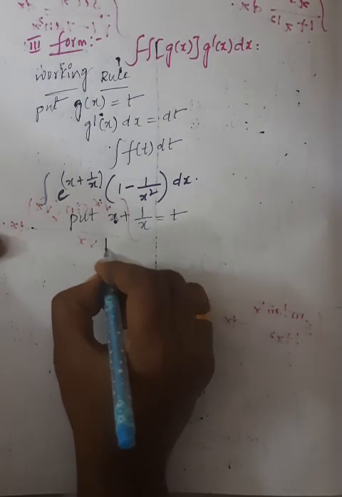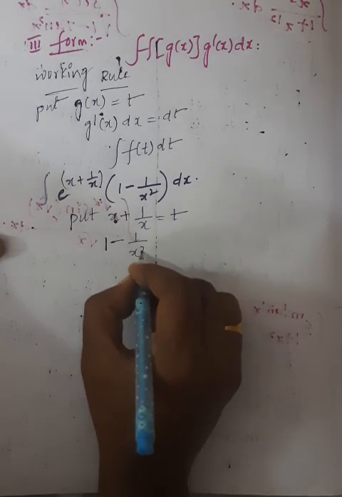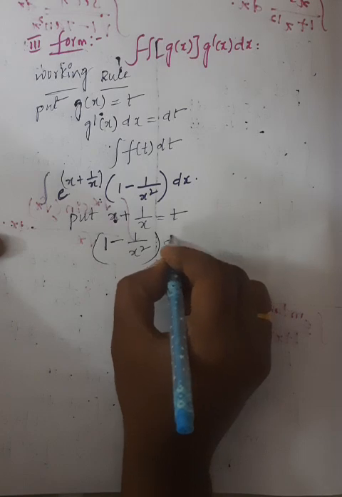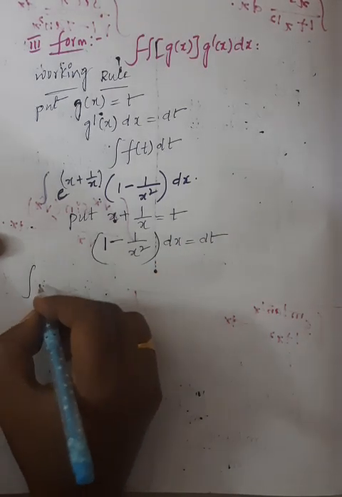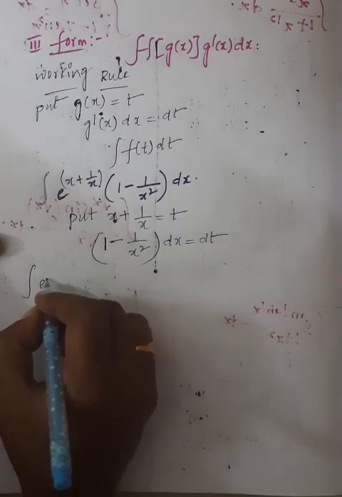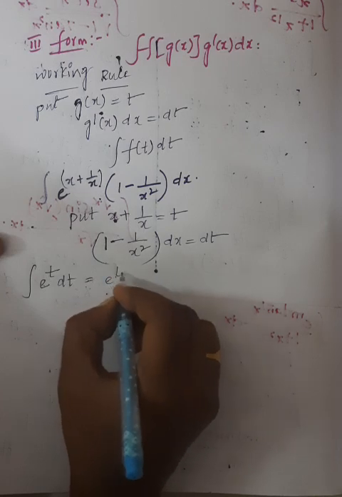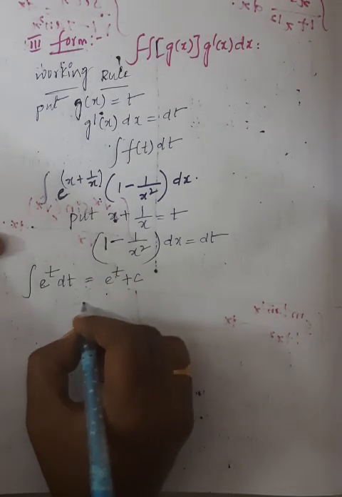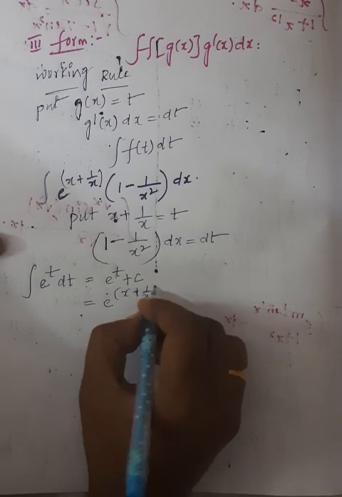So differentiation of x is 1, differentiation of 1 by x is minus 1 by x square, into dx is equal to dt. So it will become e power t dt, which is equal to e power t only. Again replace t with x plus 1 by x, plus c.